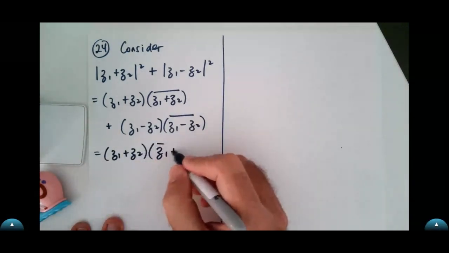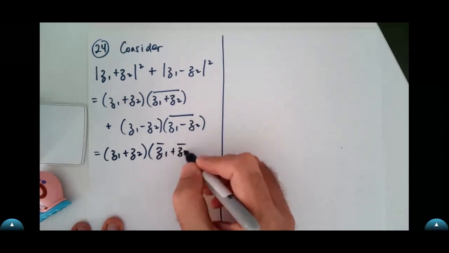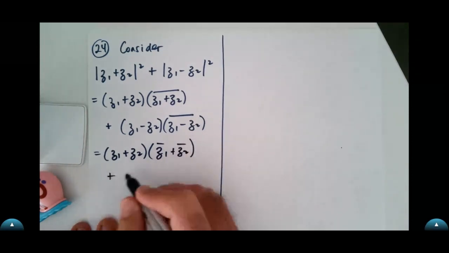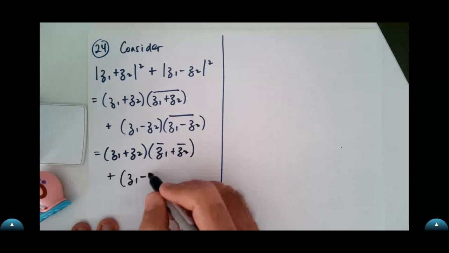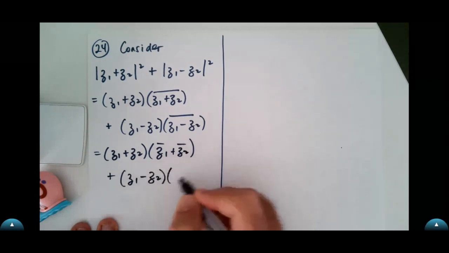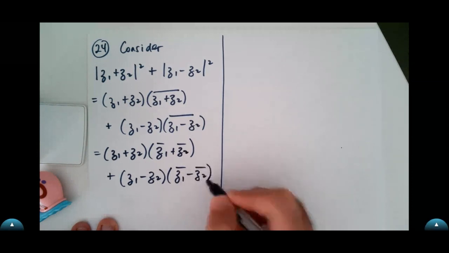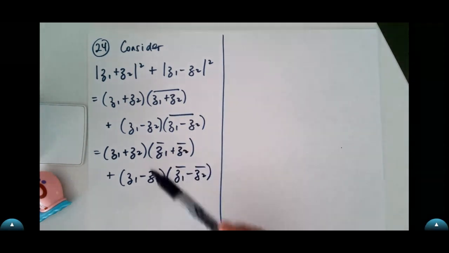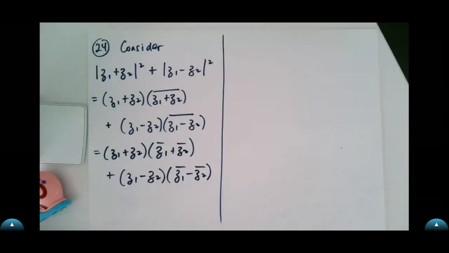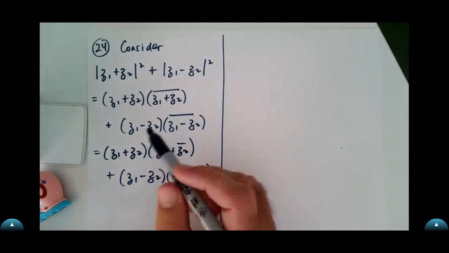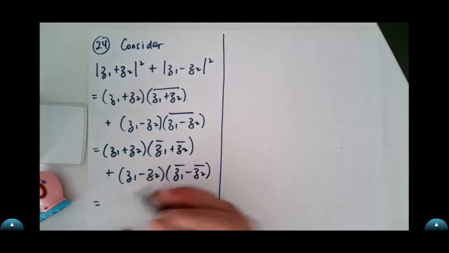So this is just a nice property of the conjugates involving complex numbers. Yep. And now let's expand, and we can hopefully see some explanations and some simplifications.